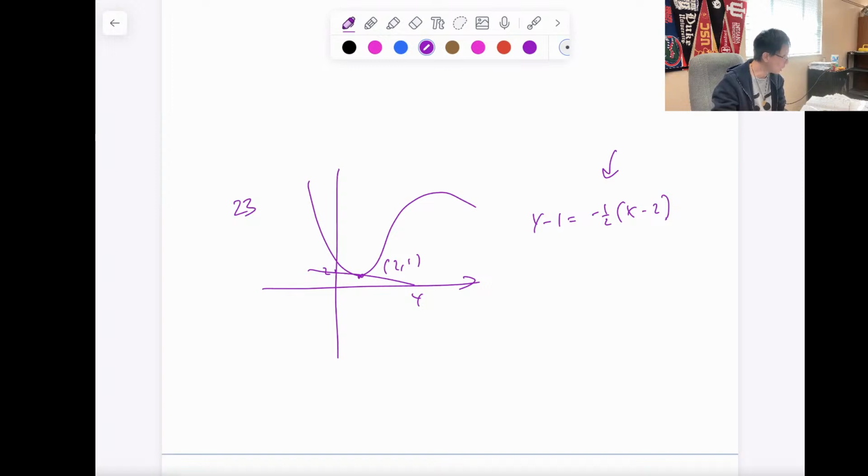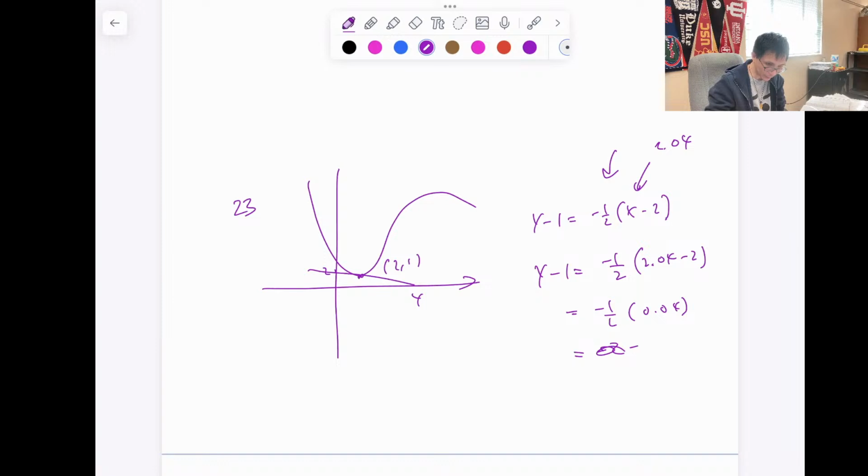Now, if you want to find out 2.04, just plug in 2.04 right here, because we want to find what happens at 2.04. So y minus 1 equals -1/2 times 2.04 minus 2. So it'll be -1/2 times 0.04, which is -0.02.